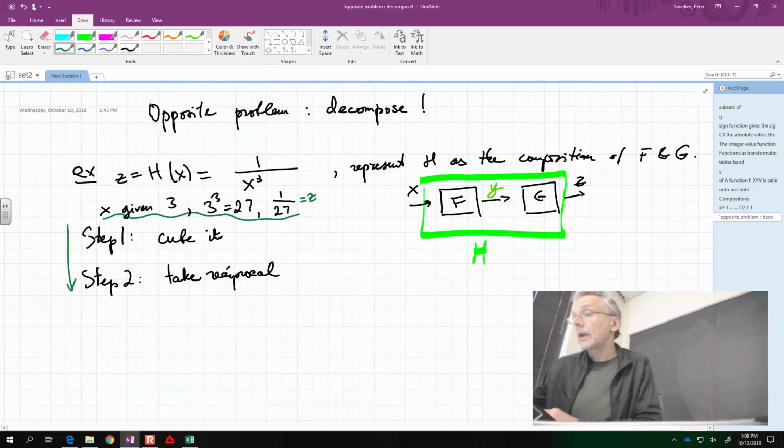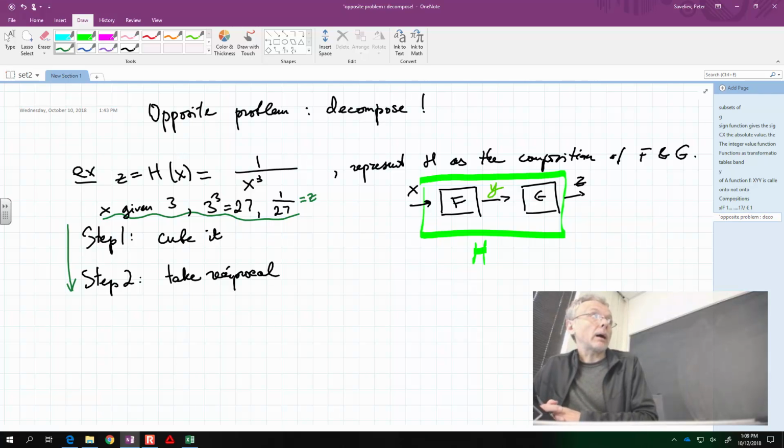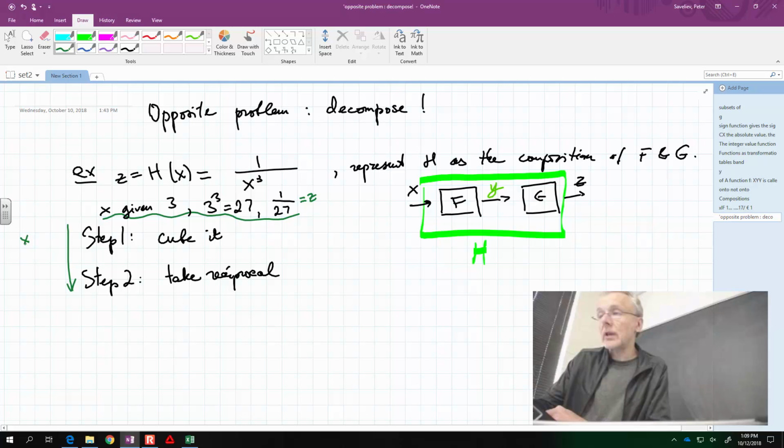Okay, from x to z in two steps, and then you just describe those steps so that they will be applicable. Probably verbal is fine early on. Describe it in such a way that you could carry out these two steps with any number that is given to you. So x is given, and then you proceed with these two steps.